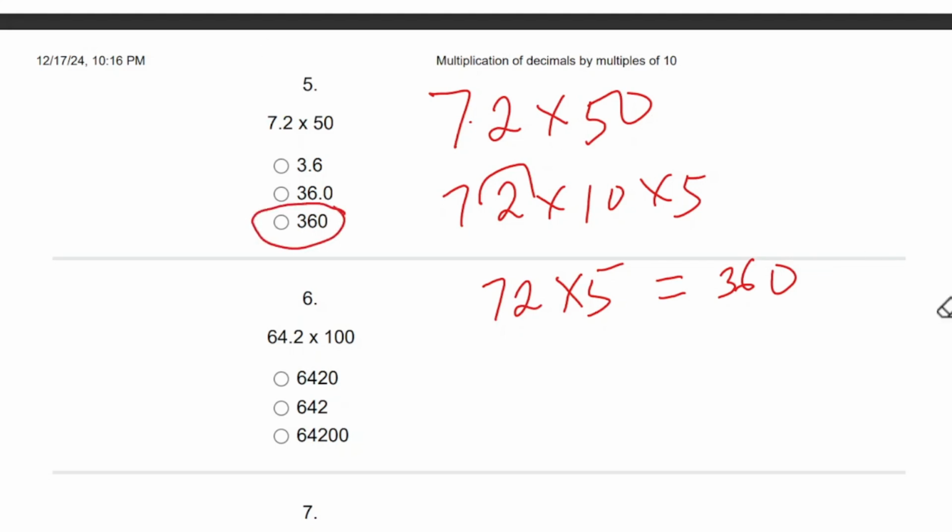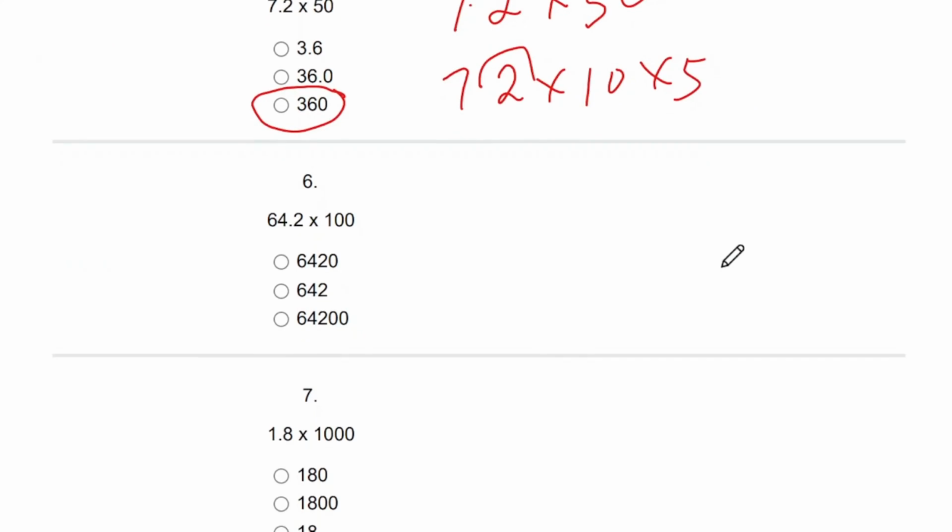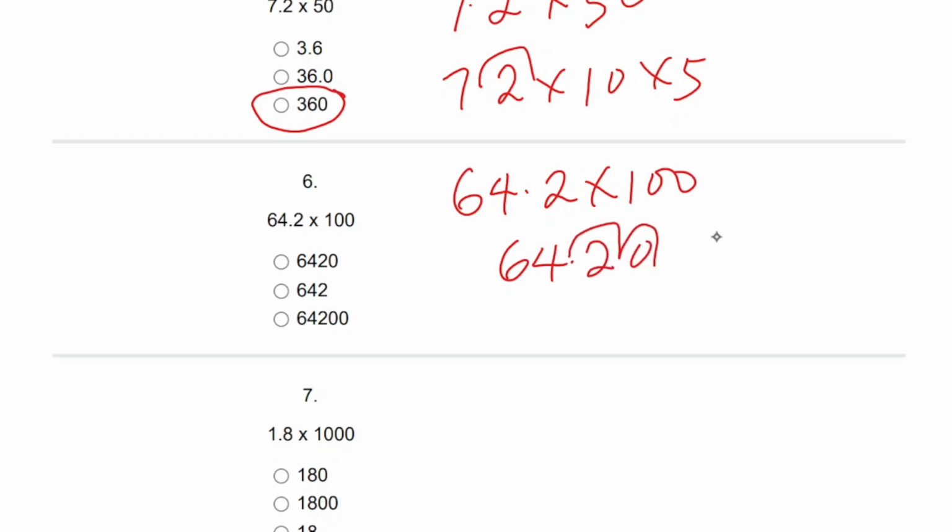For question 6, now, so we have 64.2 times 100. So move it two places.